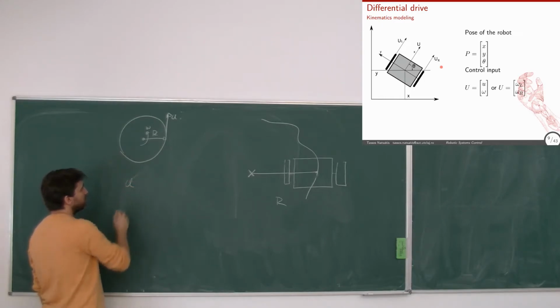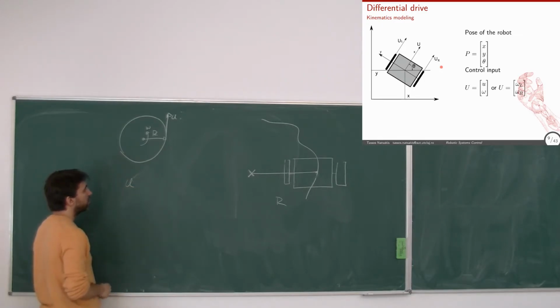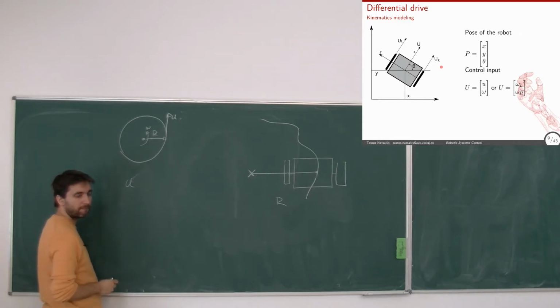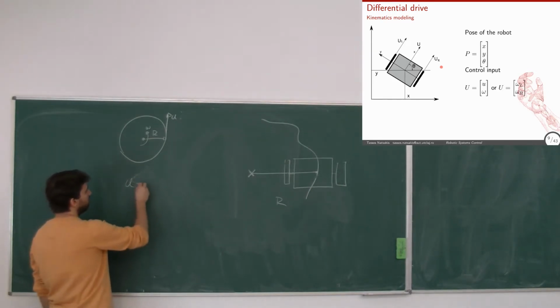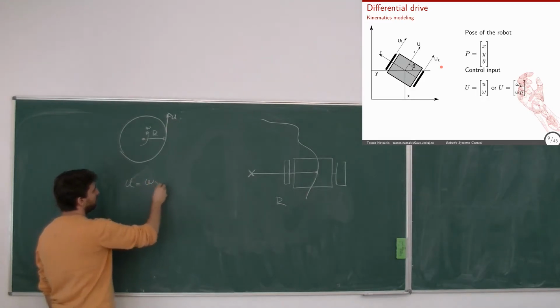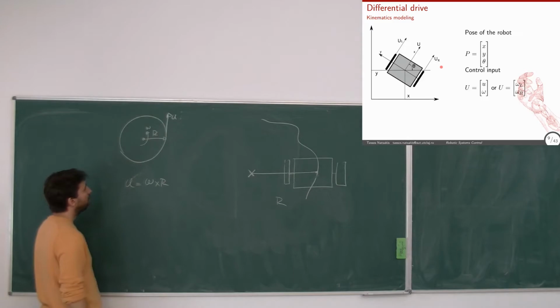What was the linear velocity expressed as? Of omega and r. Okay? Good. Yeah, it's omega and r.